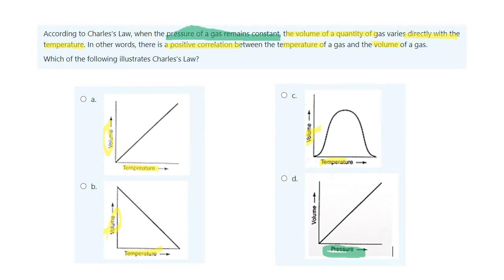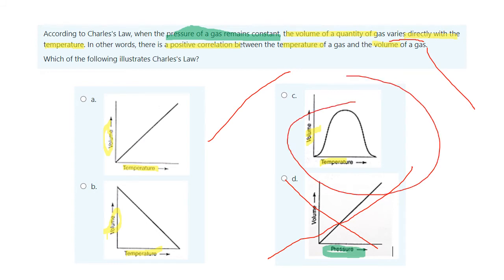So we can take away answer D. Then we're told that there is a direct change. Direct change would either go up or go down. This one is not directly changing. It's going up and down in a bell-shaped curve. So take away C. We're told that the correlation is positive. And positive is when they both increase.